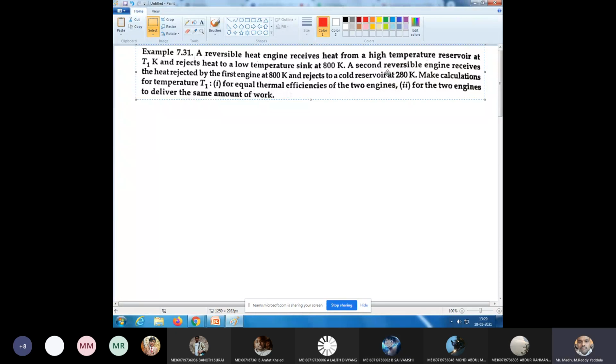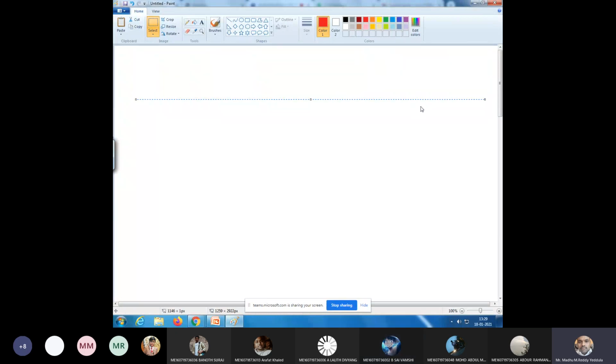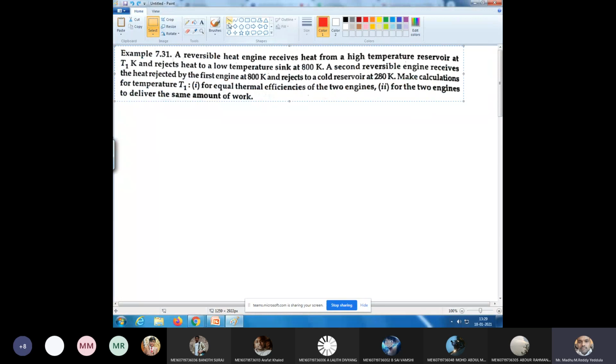First we will draw the figure, then we will see what is required. What is the temperature? T1 Kelvin.